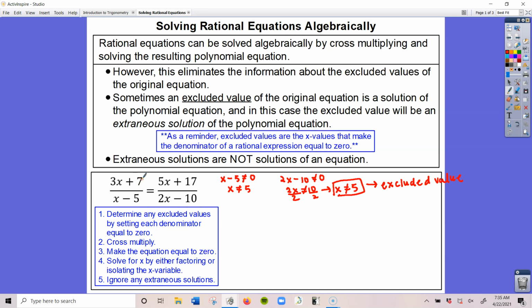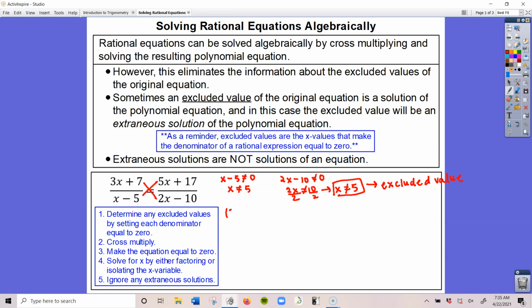To solve this equation, we have (3x + 7) over (x - 5) is equal to (5x + 17) over (2x - 10). In order to solve, since you just have one rational equation equals another, we can cross multiply. So we would do the diagonal is equal to the other diagonal.